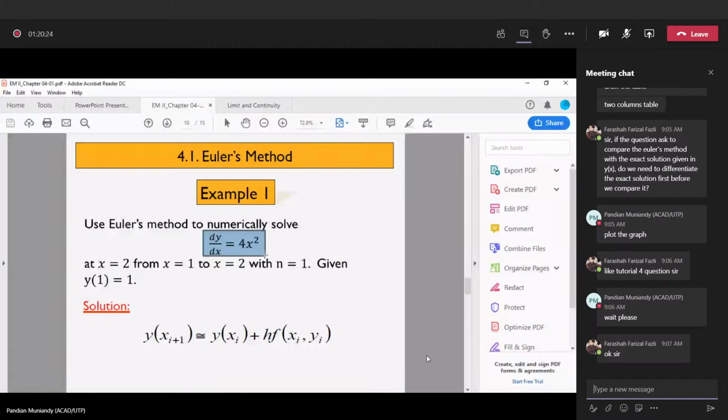So now you want to find c. When x equals 1, y equals 1. So 1 equals 4 over 3 plus c. So c equals 1 minus 4 over 3. So your c is minus 1 over 3. So the exact solution, y equals 4 over 3 x cubed minus 1 over 3.